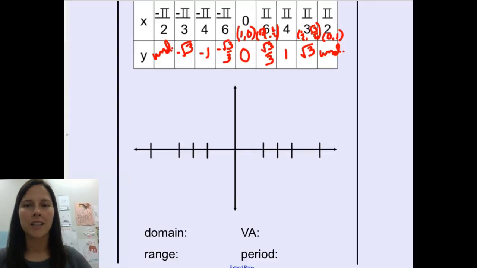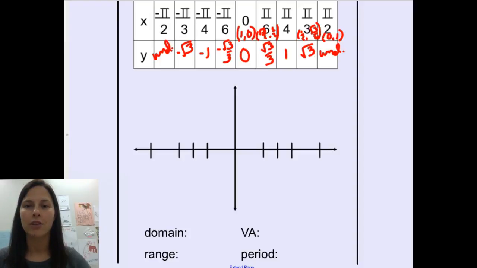We'll plot these points to get our tangent function. Notice the way that I scaled the x-axis, they're not spaced evenly. Pi over 6 is 30 degrees, pi over 4 is 45 degrees, pi over 3 is 60 degrees, and pi over 2 is 90 degrees. So they are not spaced evenly.